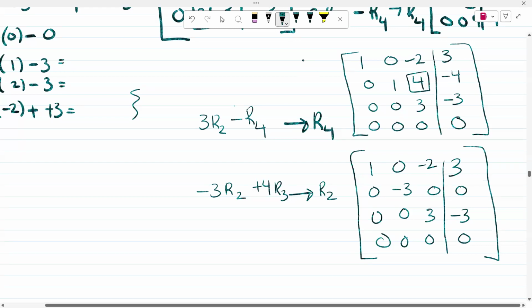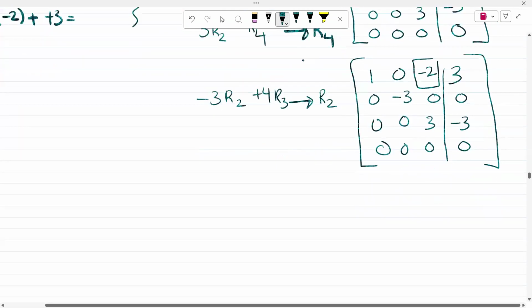Okay, then what I would do next is, so I have this, maybe I should make this -2 into a 0. Right, that's what I'm going to do next. I'm going to make this -2 into a 0. So another row operation, and that -2 is technically in row 1. So that would be 3 times row 1 plus 2 times row 3.